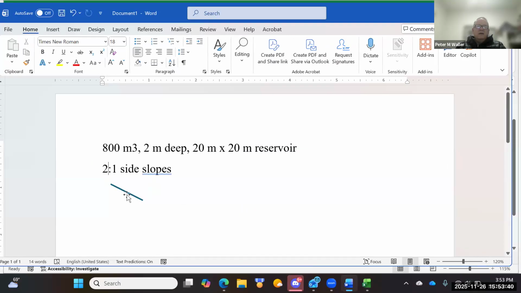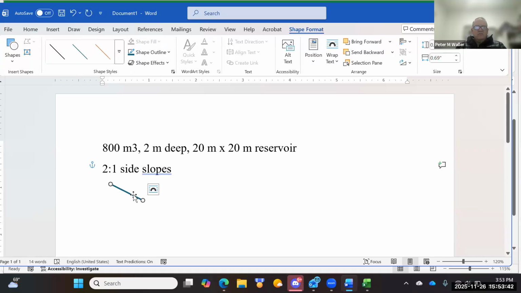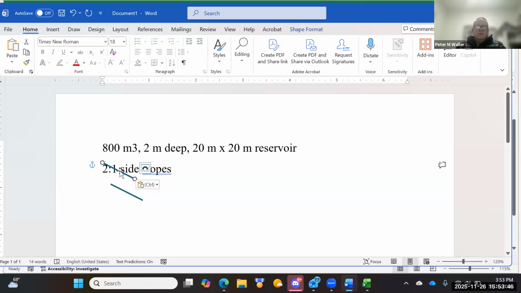Okay. And the midpoint is going to be 20 meters rather than the top or the bottom. If I want to have a 800 cubic meter reservoir, 2 meters deep.